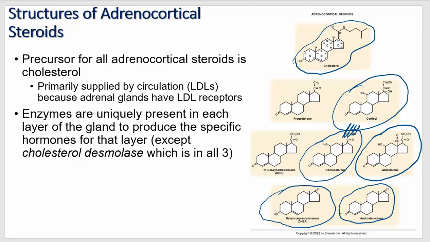Enzymes are uniquely present in each layer of the gland. Remember, it had the 3 layers, the inner 2 and then the outer, to produce the specific hormones for that layer. The very first step is an enzyme called cholesterol desmolase, and that's common to all of them.